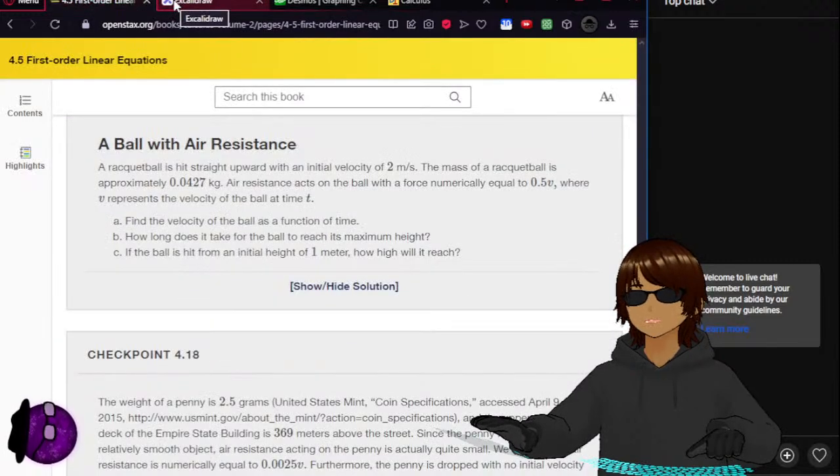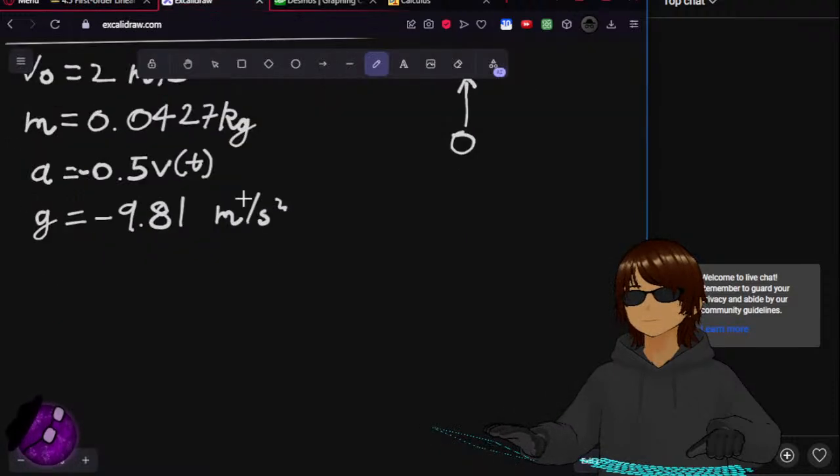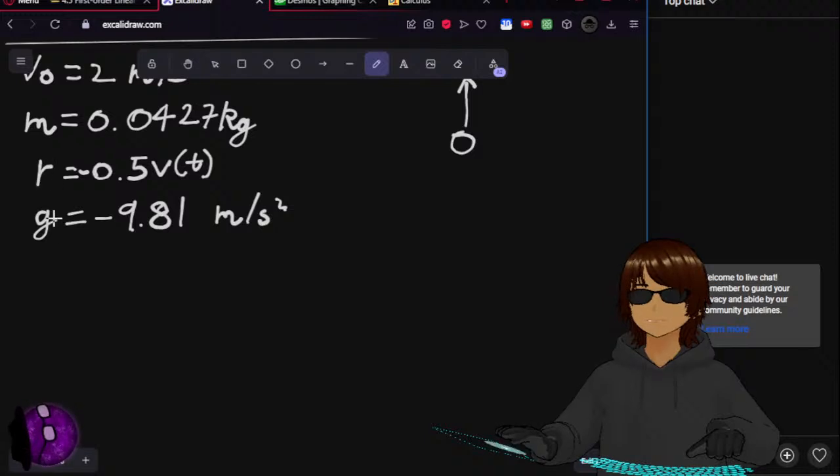Find the velocity of the ball as a function of time. I will call this air resistance R.